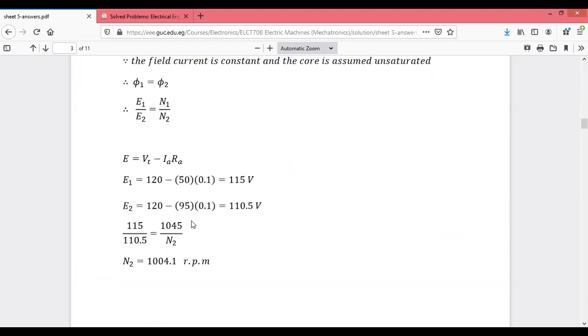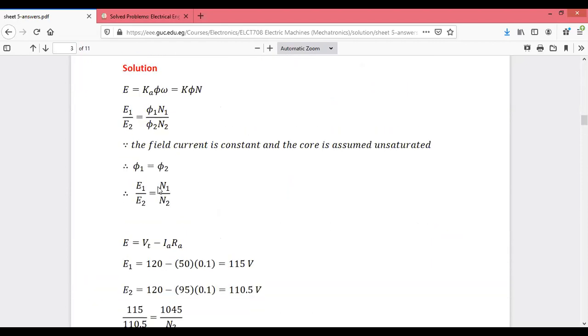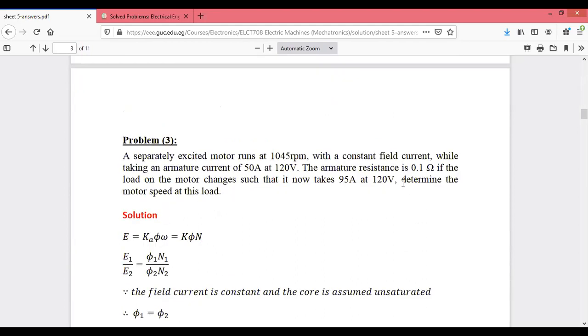When you write the value for N1, you will need the value of E1 and E2, but you can solve because they have given the total voltage, that is nothing but 120. They have given the armature resistance 0.1 ohm. They have given the armature current also.